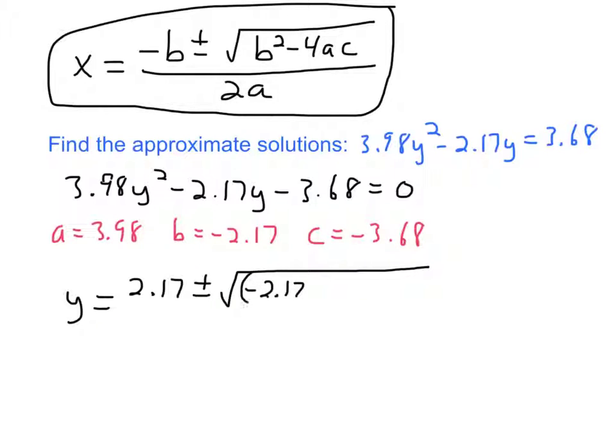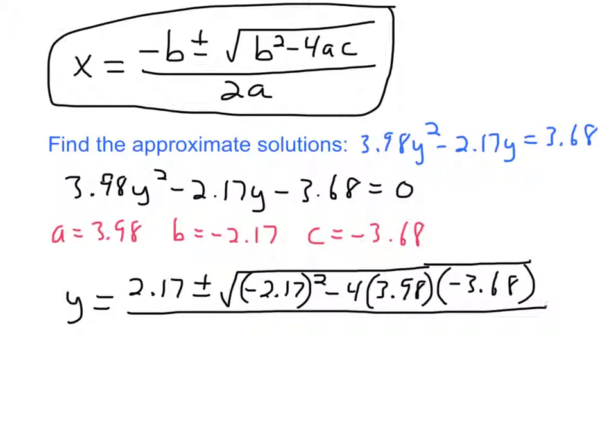Make sure you put that negative number in parentheses when you square it on your calculator. Otherwise, you'll get the wrong answer. Minus 4 times a, which is 3.98, times c, which is negative 3.68. And that whole thing is going to be over 2 times a. So 2 times 3.98.